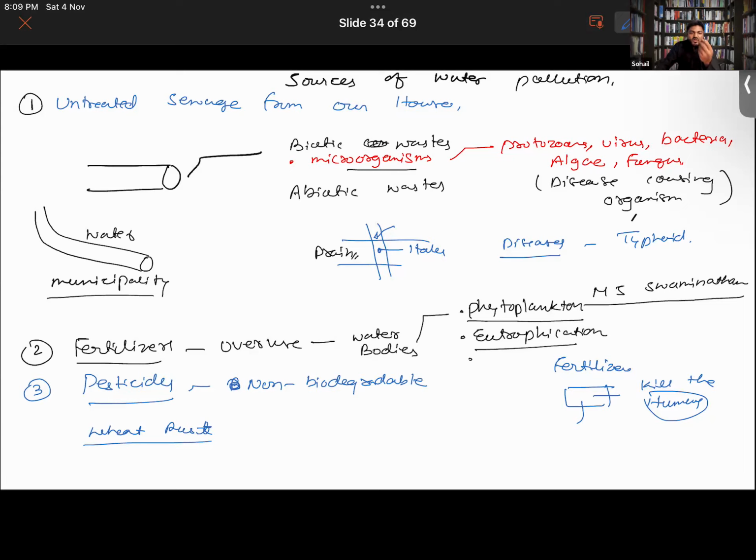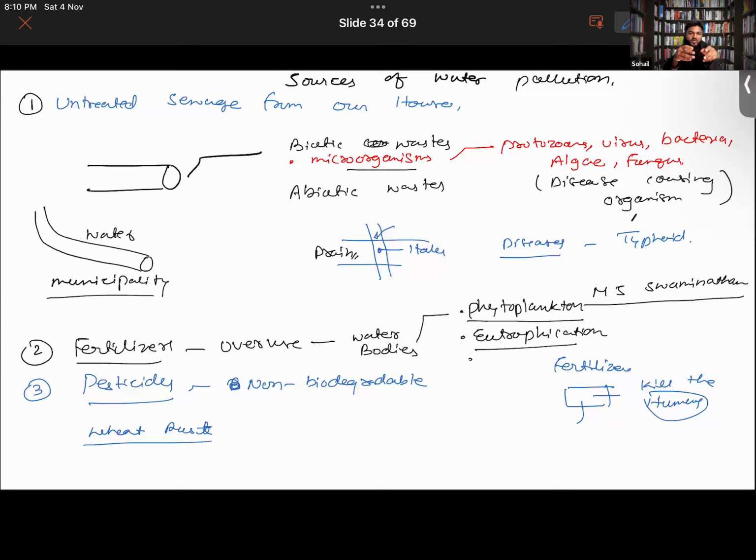The non-biodegradable pesticides will be absorbed by the aquatic plants, and then these aquatic plants will be eaten by the fishes. So during this, pesticides are transferred from the aquatic plants to the fishes.